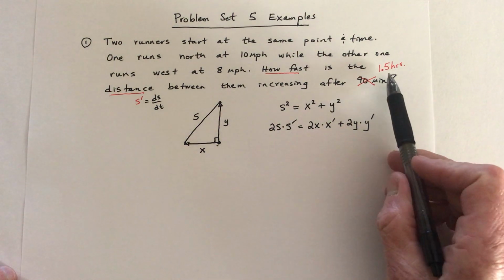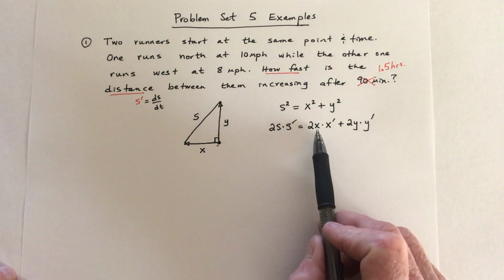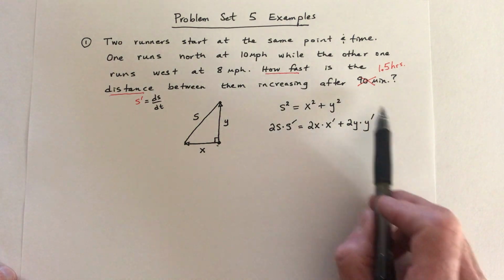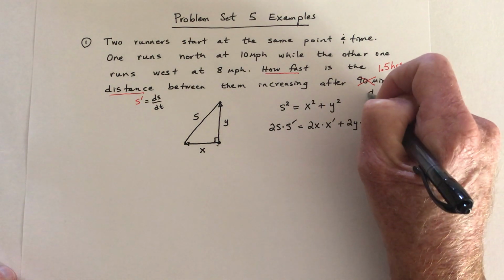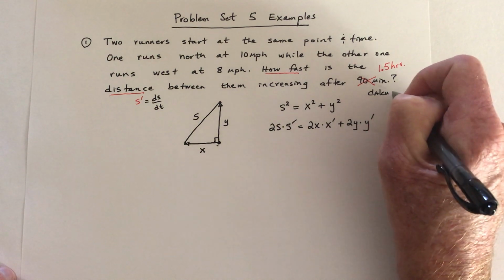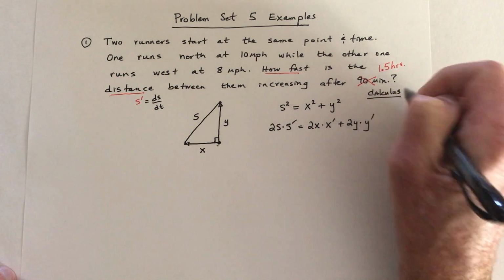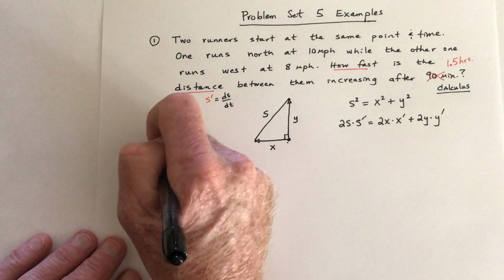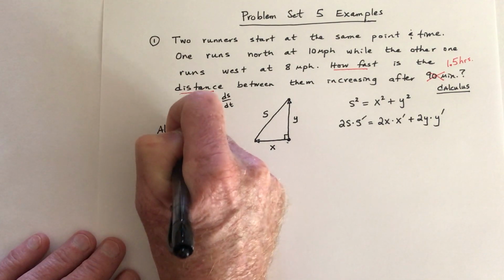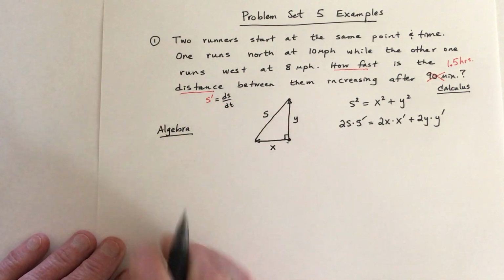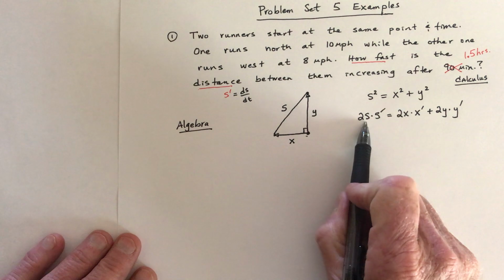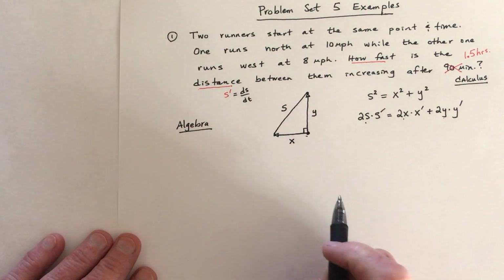So I need to use this information to find out what does x equal, what does y equal, and what does s equal. So this part over here is going to be my calculus part, and I'm going to just leave this alone for a moment, and I'm going to move over here and do algebra. Once I finish with the algebra, I'll have the s and the x and the y, and I can plug those in.